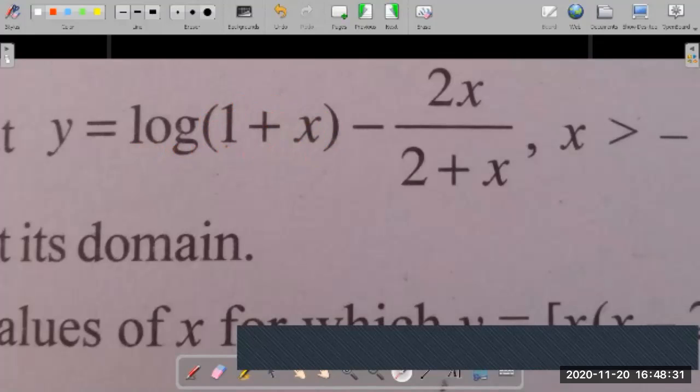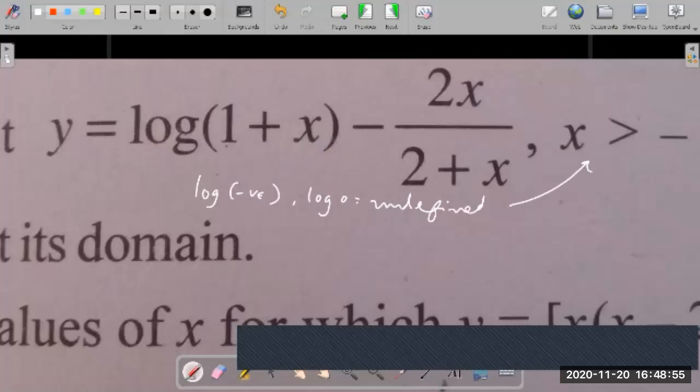If it is less than minus 1, for example x is minus 2, then you get log of 1 minus 2, which is log of minus 1. So there is no definition for log of a negative number or log 0. They are undefined. That's why x greater than minus 1 is given.